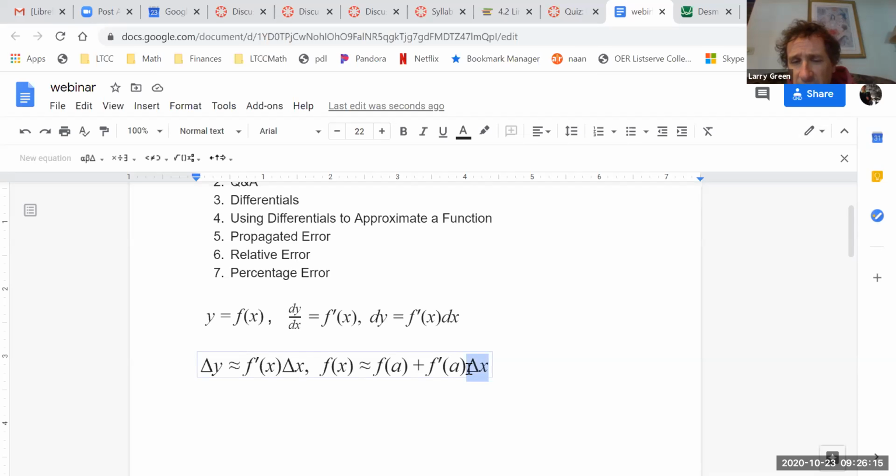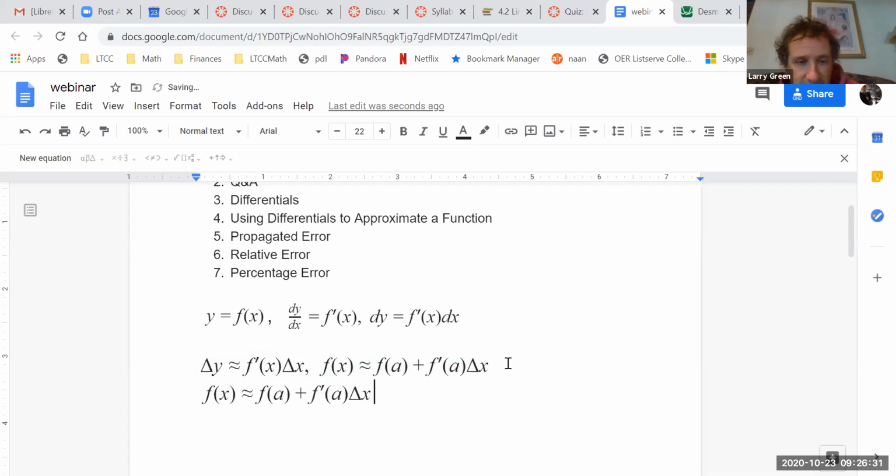And I'll let you know that sometimes books, including our book, get lazy and don't even bother with the delta x, and I'll let you do that too. So what you can do is rewrite this, and instead of delta x, just say dx, even though technically it's not perfect, but the book uses it. Why is it easier to do dx than delta x?